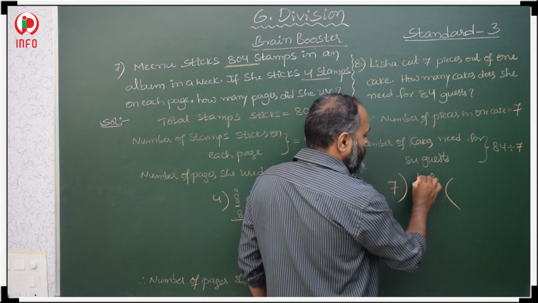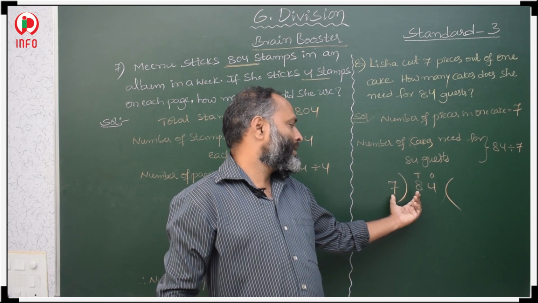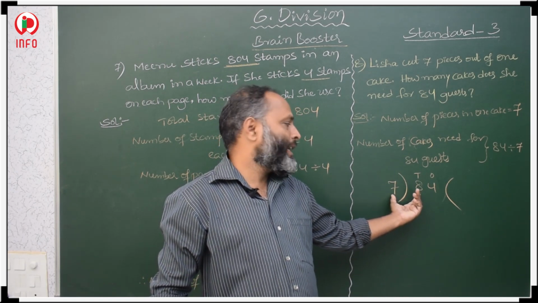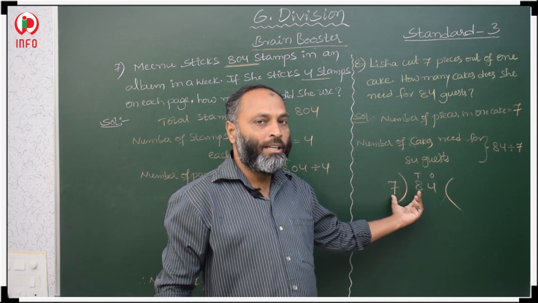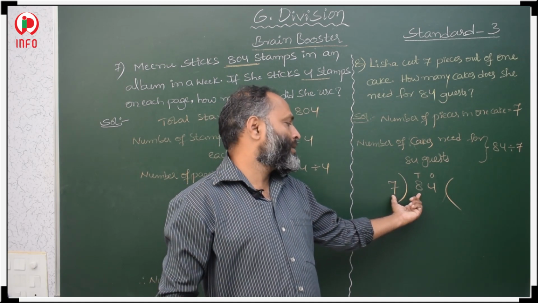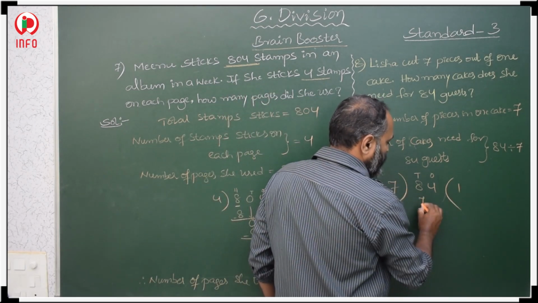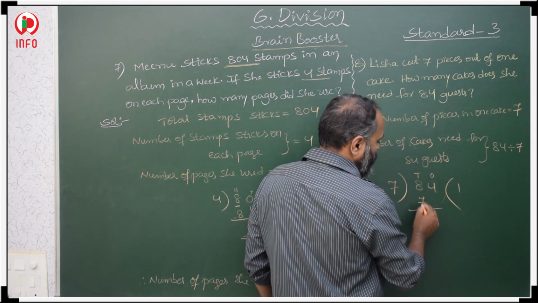This is the ones place, this is the tens place. First we divide the tens place by 7. When will you get 8 in 7? Read your 7 table. 7 ones are 7, 7 twos are 14, and 14 is more than 8. So 7 ones are 7, we have to take. Then 8 minus 7 is 1.